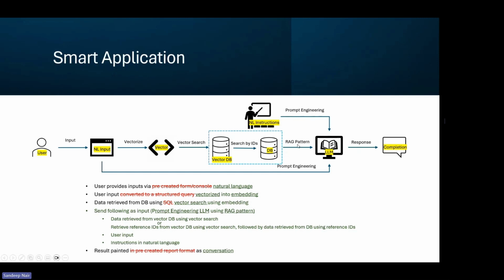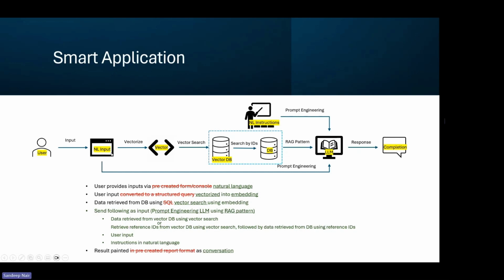So the challenge here then is, OK, this is easy because this is just business logic. We'll see how this is provided. The query is provided by the user, but how do I get the data? Because this is not a structured input. How do I figure out, based on the unstructured natural language input here, which data is relevant and how do I identify that? And that is where our vector search comes into play.